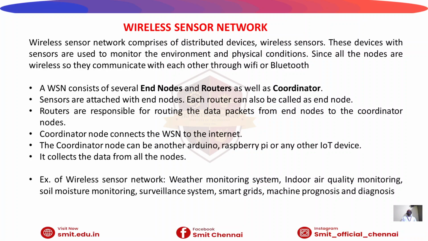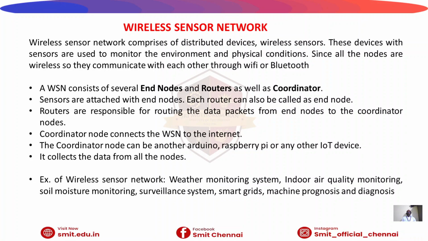The WSN consists of several end nodes, that means several source sensors, and routers as well as a coordinator. The coordinator is the main piece, which connects the WSN to the internet.